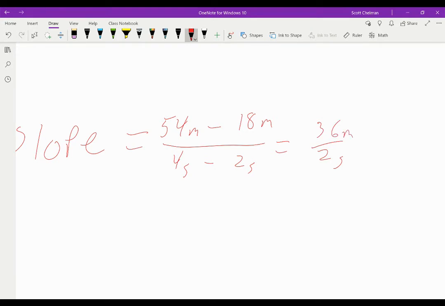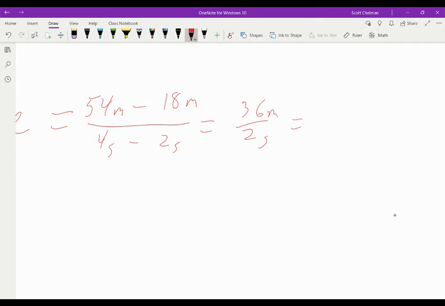It's okay. 36 meters divided by 2 seconds. So that will be 18 meters per second, and that will be a positive value. Now, the significance of the positive is that it's moving forward. Okay?